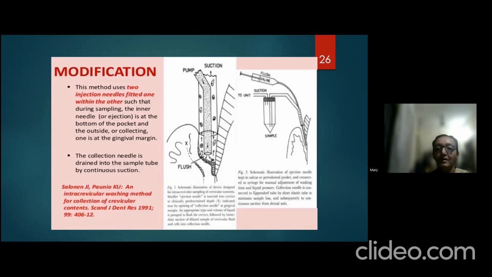So, hope you can all see the two needles: one where saline is used to wash the gingival crevice, and another placed near the gingival margin to collect the crevicular washings.